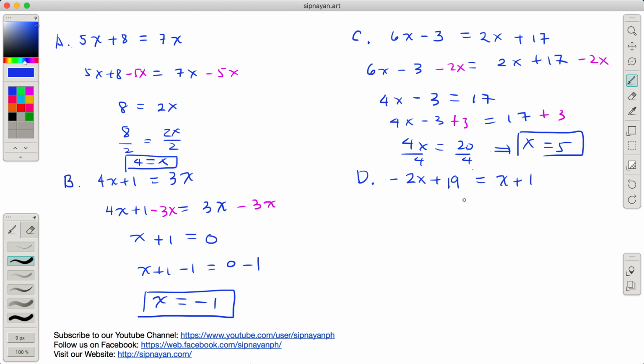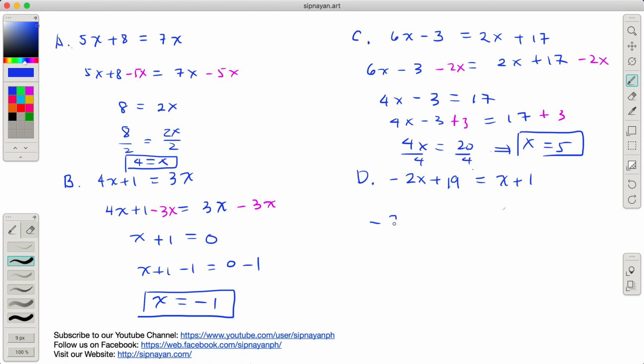Okay, pwede naman natin pagsabayin yan. Kanina pinag-iwalay natin. But we can actually simultaneously add or subtract or multiply or divide. So for example, ito, gagawin ko na is pagsasabayin ko na yung minus x.